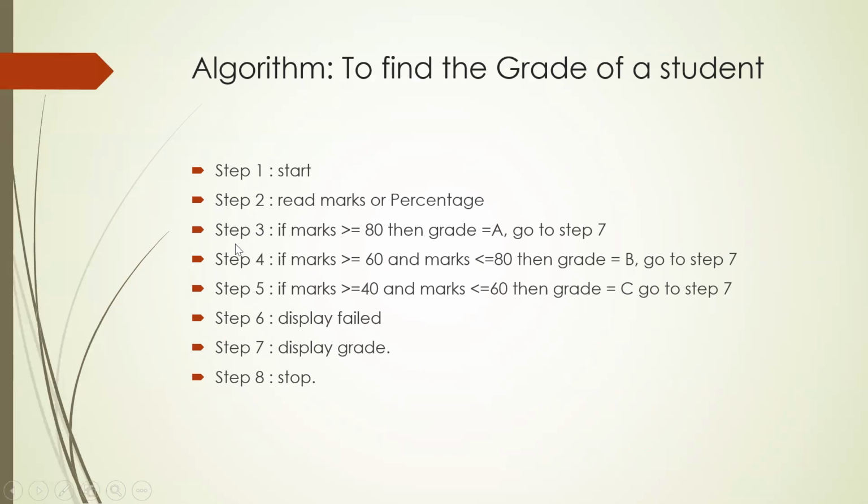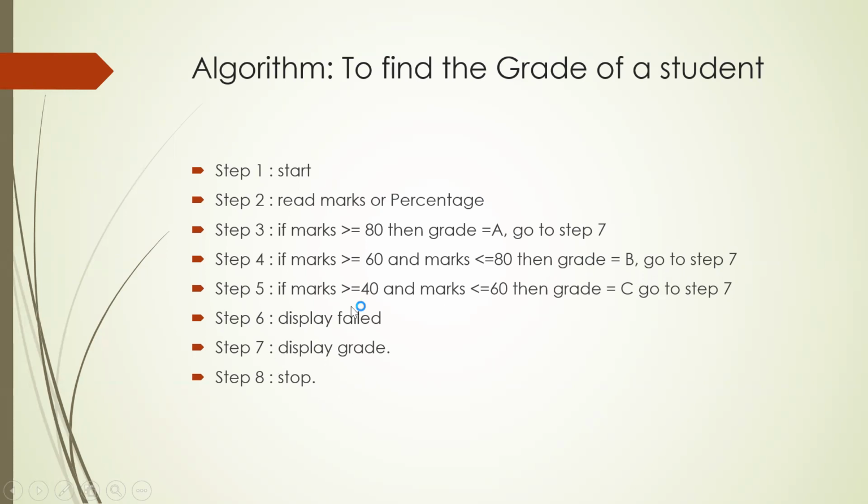So here we are writing step 3, simple. If marks is greater than or equal to 80, then you need to put the grade equal to A and simply end. So go to step 7, that is display the grade and stop. But if the marks is greater than 60 but less than 80, then you need to put the grade equal to B, and again you will go to step 7, that is display the grade and stop.